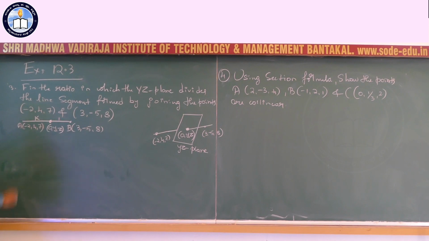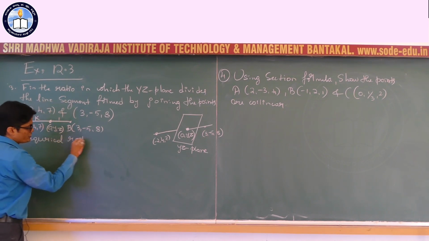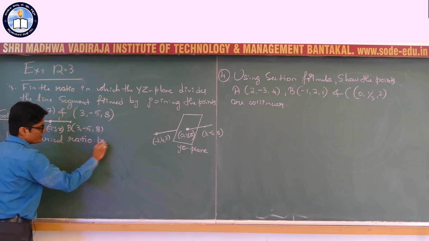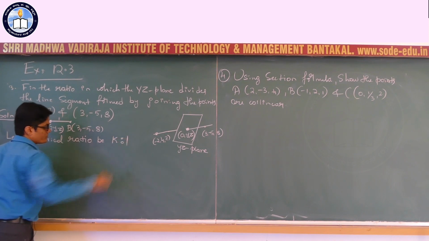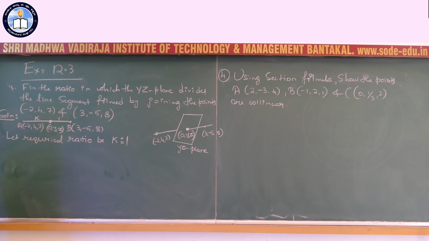So I'm assuming here the ratio is k is to 1. Let the required ratio be k is to 1. So we have to find out this answer now.